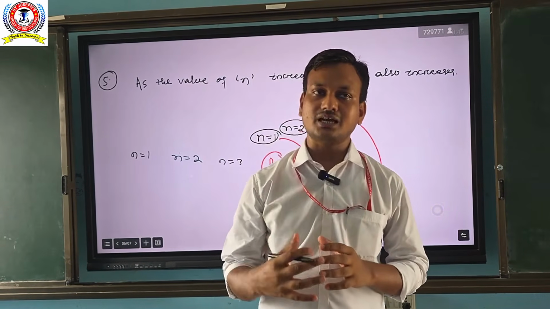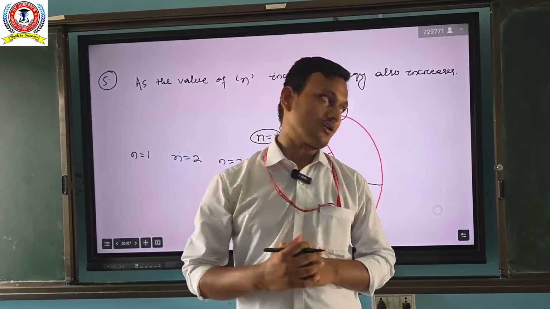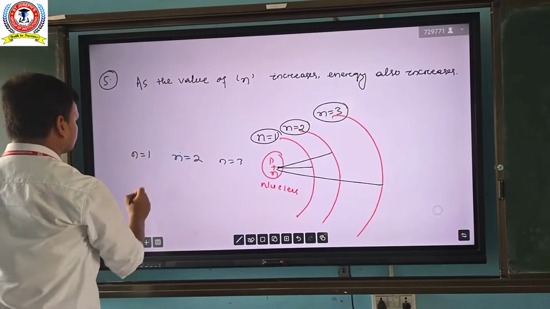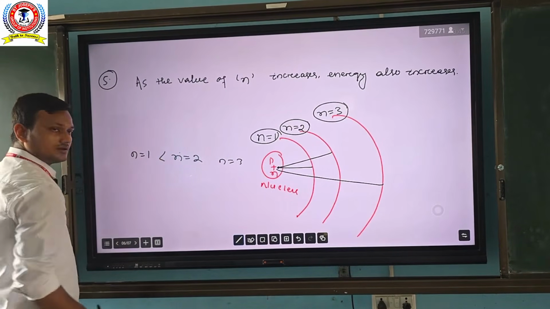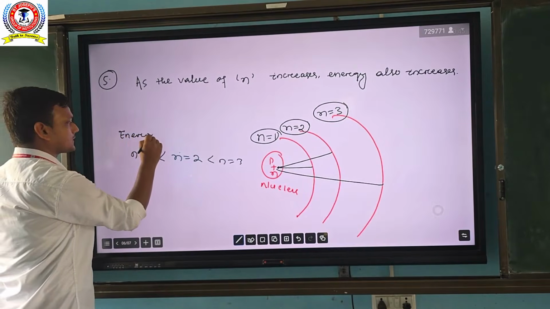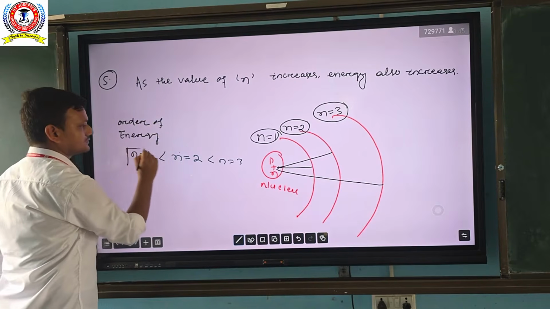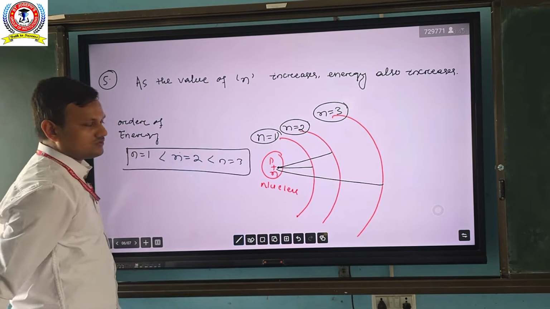That means the K cell, after the K cell the L cell comes, and after the L cell the M cell comes. Okay. My question is, this is the order of energy.